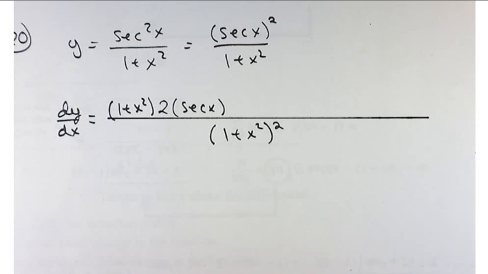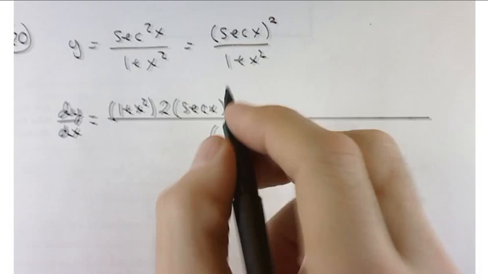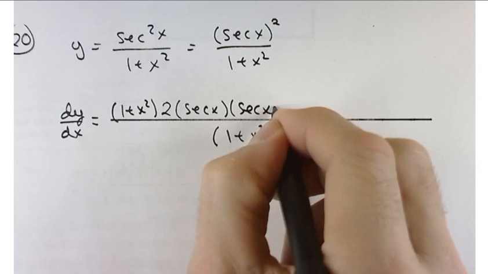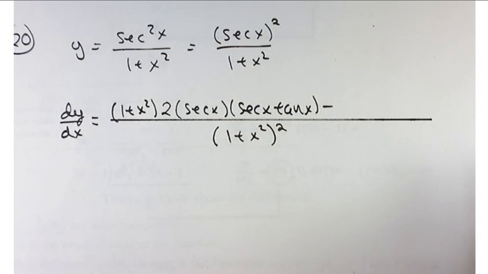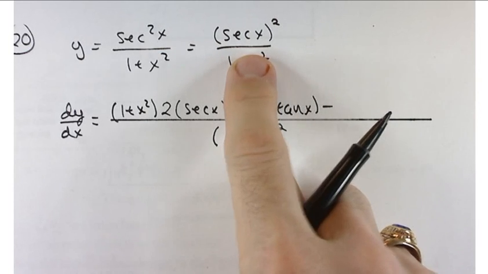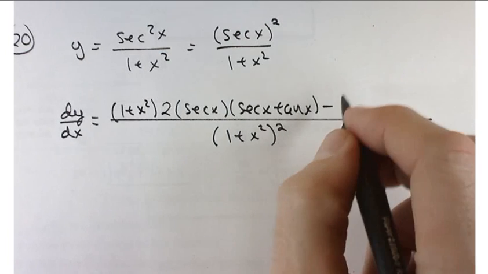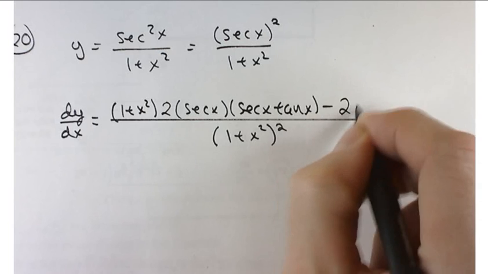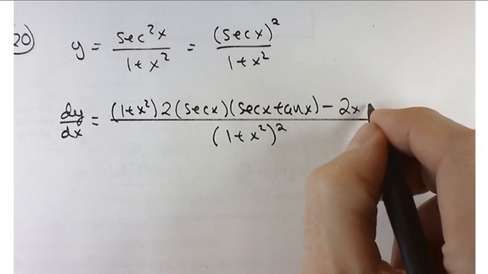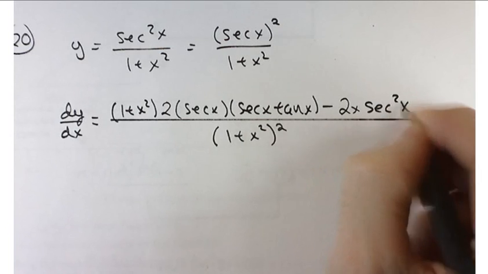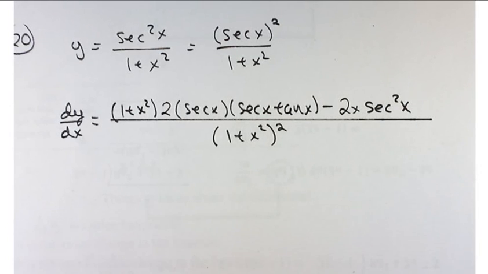Not co. Secant x, tangent x. Thanks, Khalif. So secant x tangent of x minus the derivative of the denominator times the numerator. So it's going to be 2x times the numerator times secant squared.